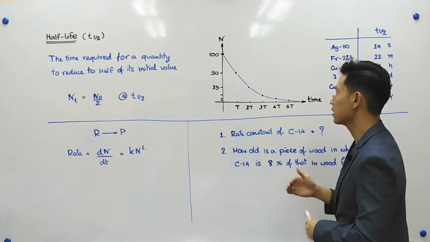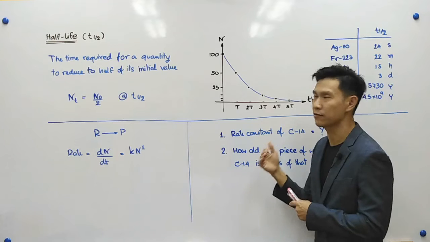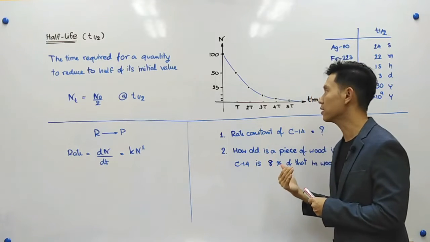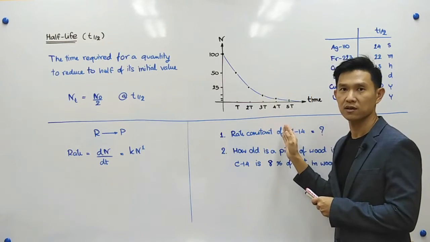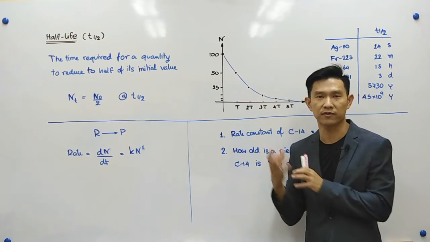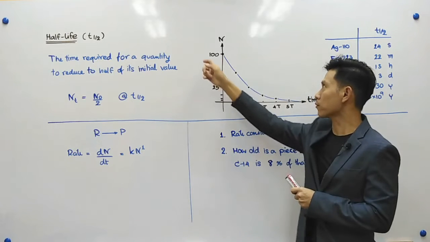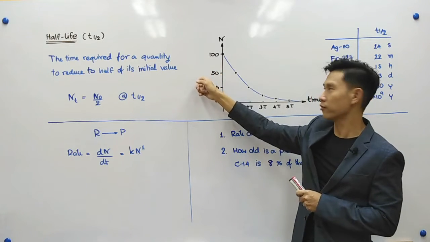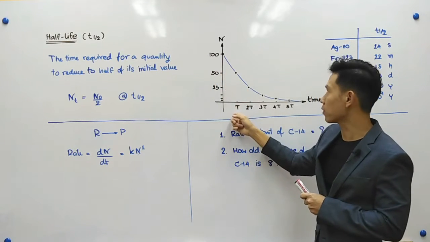So as you can see, the time required here, or the half-life here, is constant, no matter how much of the radioactive isotope there is at the very beginning. If you're starting from 100, it will reduce to half, 50 grams, by the half-life, 1T.